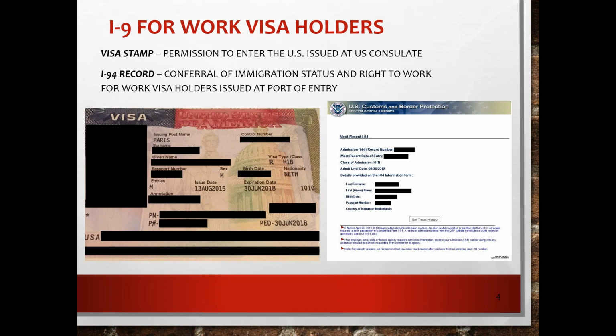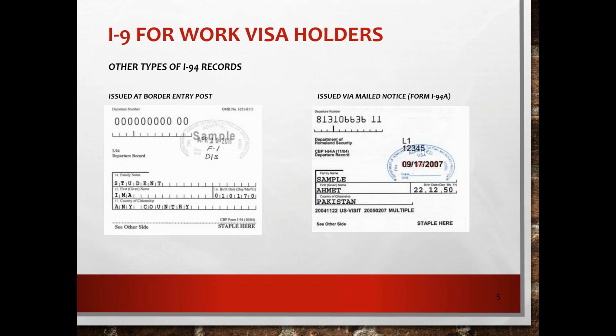Now, I-94s can look different. These are what I'll call the old school I-94s. About 2 years ago, that new form was issued, and basically it used to be that the form there on the left, the I-94 record, would be issued by the inspections officer at the airport, status conferred and stamped there onto the card.